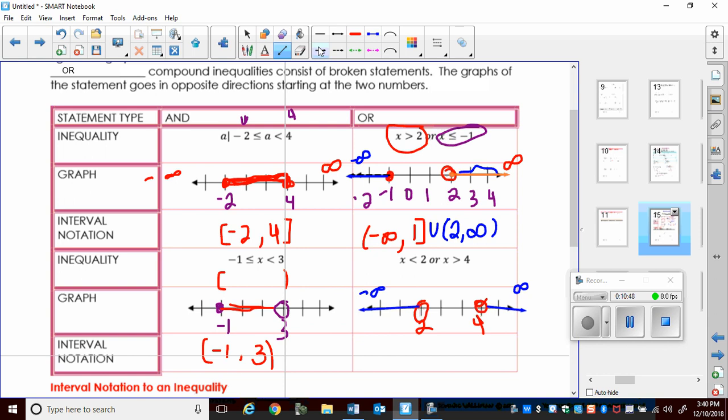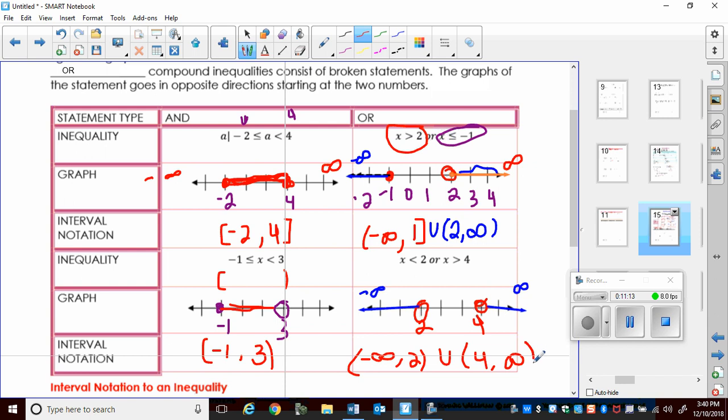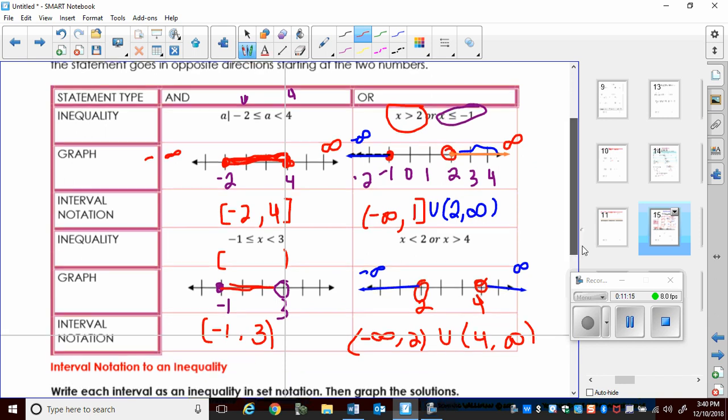So on the left, I'm coming from negative infinity over to 2, and it's all parentheses here, right? Do my union, start back up at 4, it's all parentheses because there are no filled in circles, comma, positive infinity. So good job so far, guys.